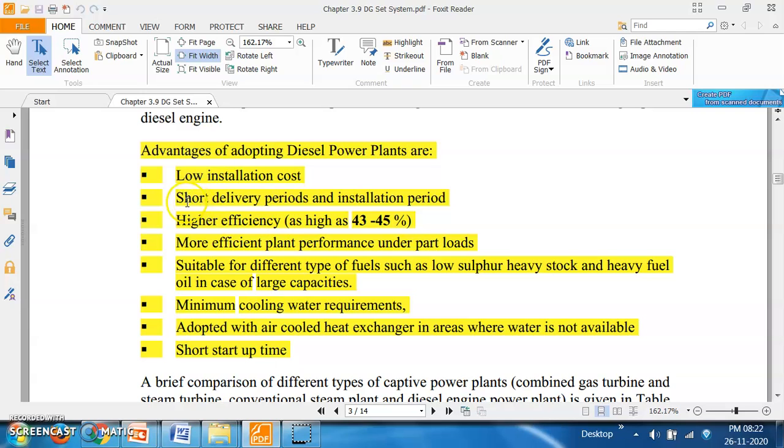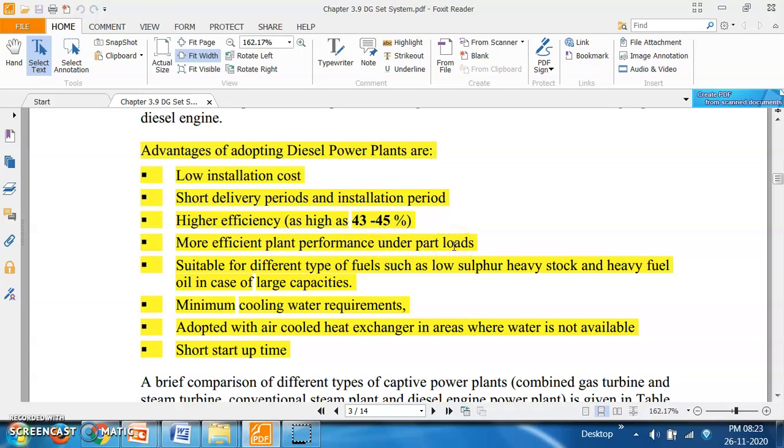Compared to those power plants, this has a short delivery and installation period, and the efficiency is high, around 43 to 45%, whereas a smaller size thermal power plant gives efficiency in the order of 18 to 36%, and gas turbine plants maybe in the order of 40%. It also gives more efficient plant performance under part load condition.